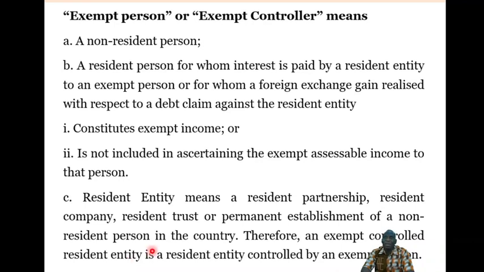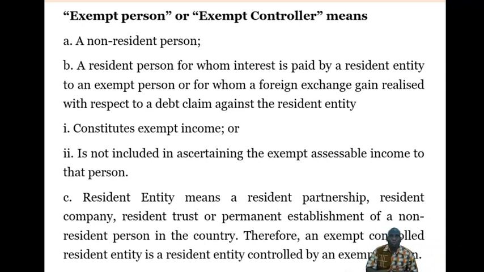Now, an exempt controlled resident entity is a resident entity controlled by an exempt person. This particular tax avoidance scheme, feigned capitalization or debt restructuring, is between two related parties. One is called an exempt person. The second is called an exempt controlled resident entity.